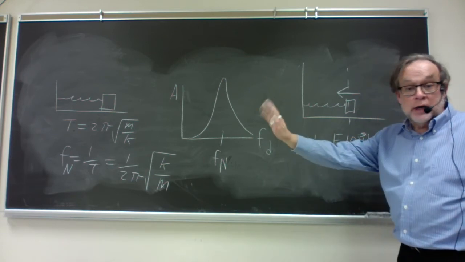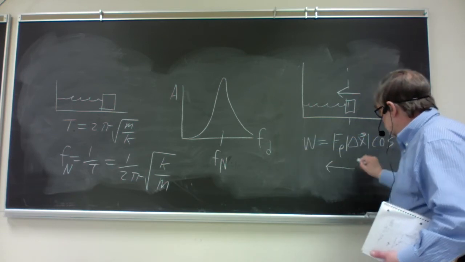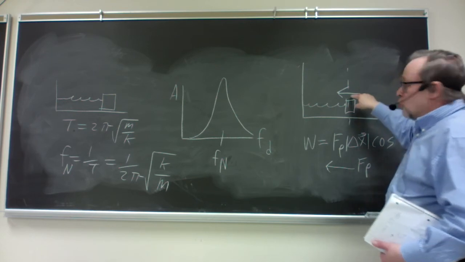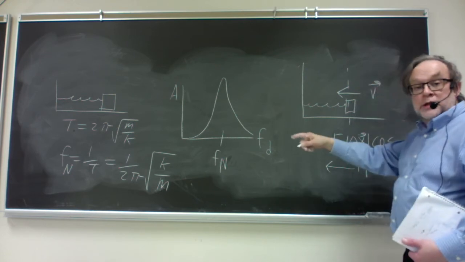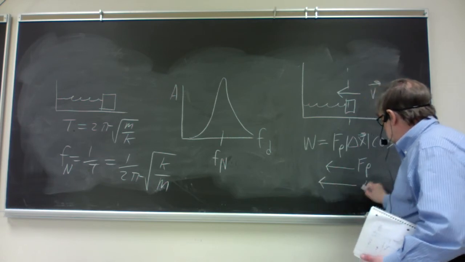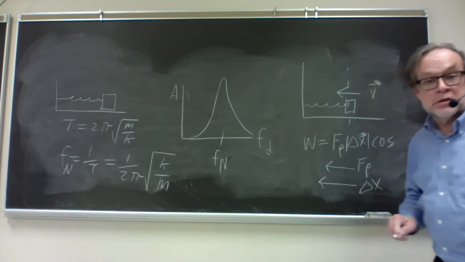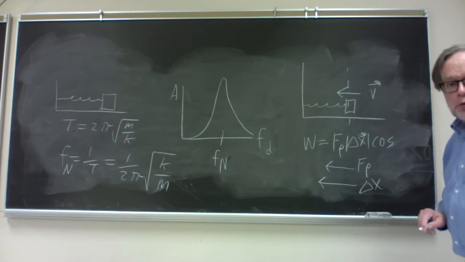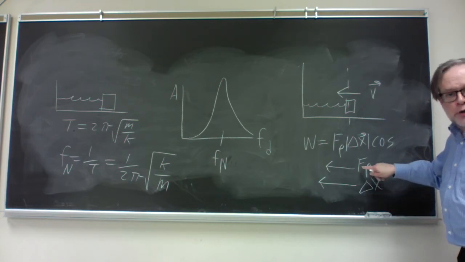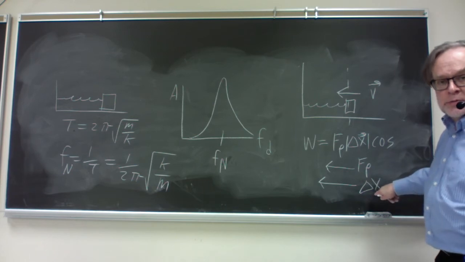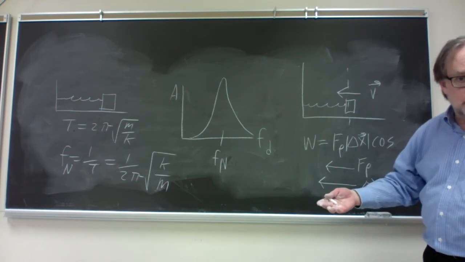But I'm pushing this way. Well, the mass is moving the same way. If the mass is moving that way, then its displacement points to the left also. In other words, in this case, the angle between my push direction and the displacement direction is no angle at all. They're pointing in the same direction.